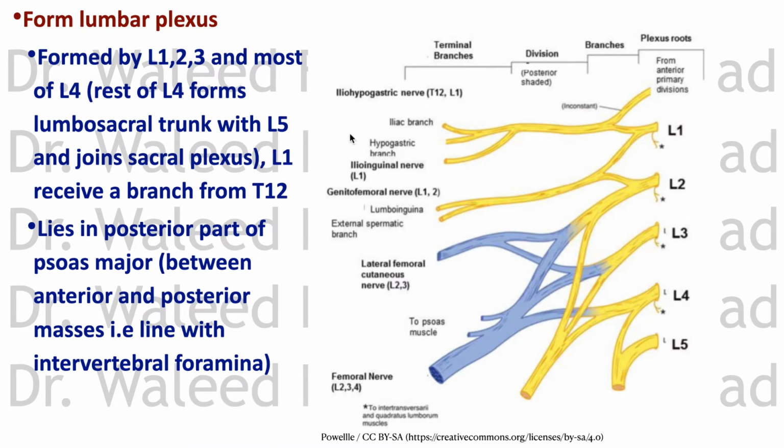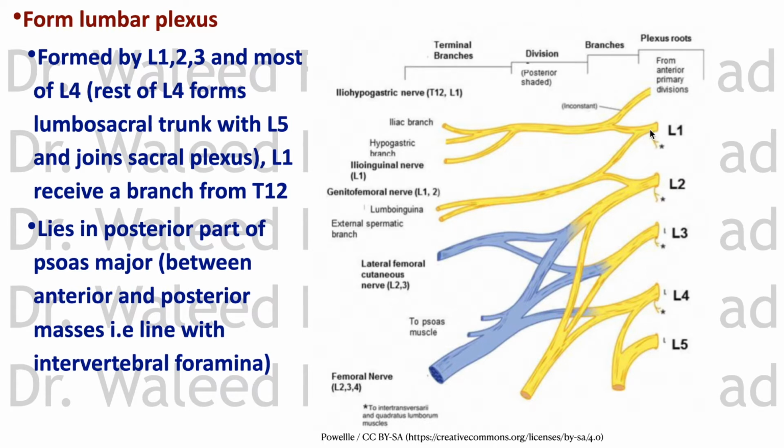The lumbar plexus, as you can see here, is formed by L1, 2, 3 and the upper part of 4, joined by a branch from T12, and it's formed in the substance of the psoas major, because the psoas major originates right lateral to, or facing, the intervertebral foramina.